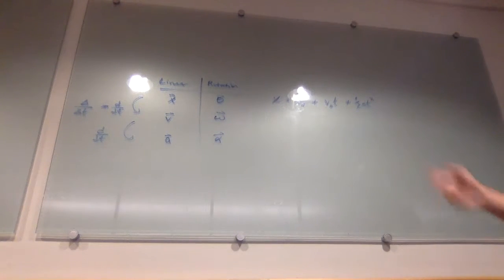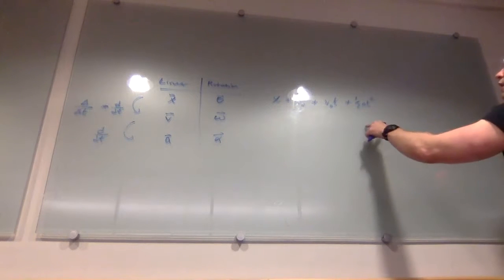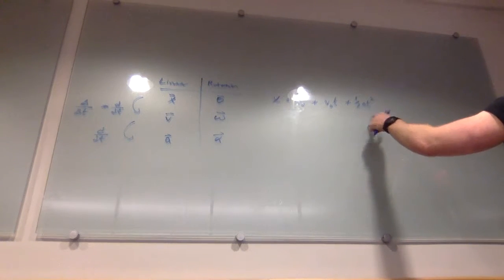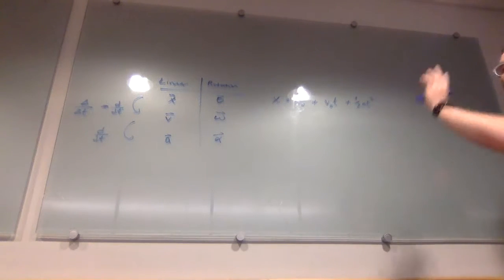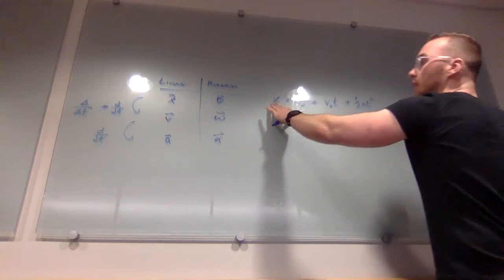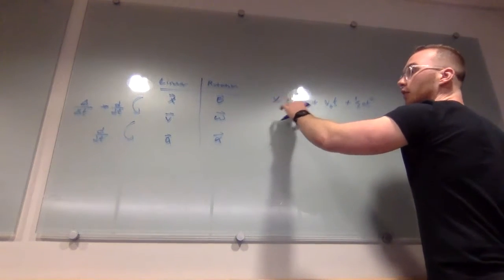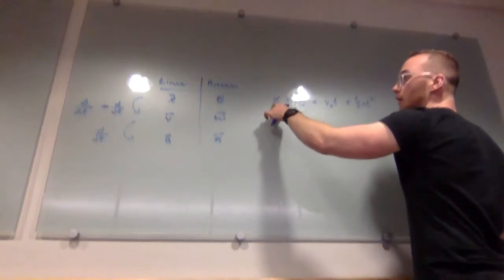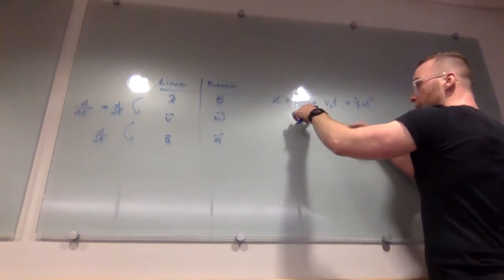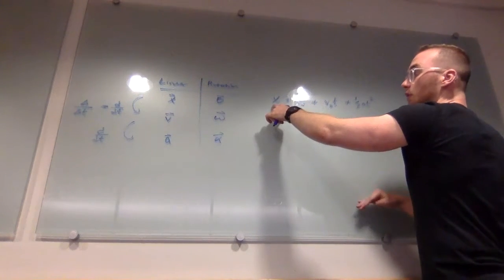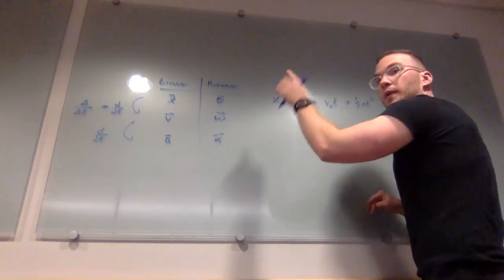Okay, and remember that if you set your system up so that you're calling upward positive displacements, so if the initial position is some height and the final position is 0, then your displacement actually went down.